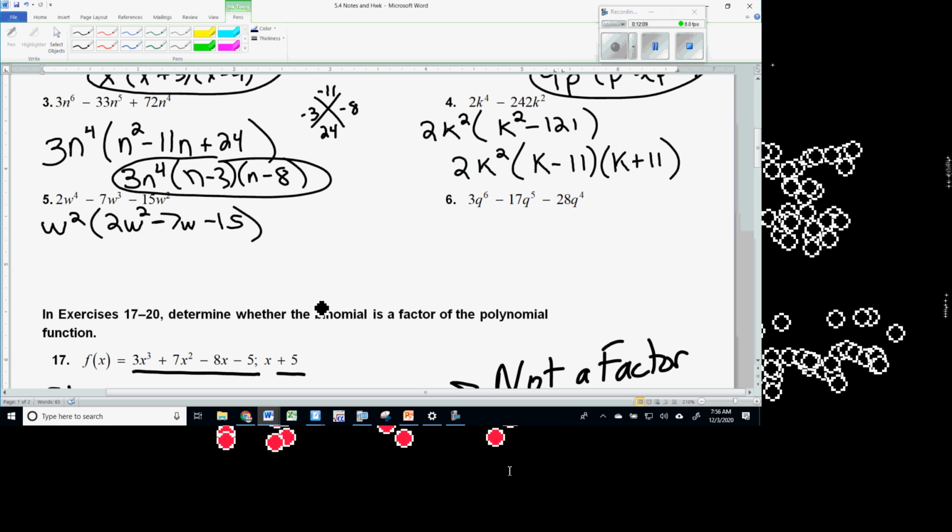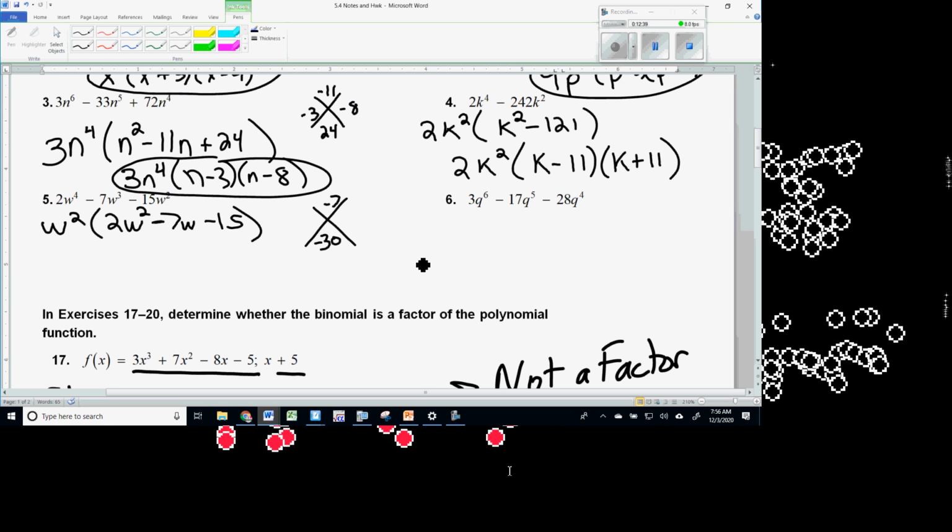So, do we remember how to factor something when there's a number in front of the square? So what do you do? You multiply those two together, right? So we want two numbers that multiply to give us negative 30 and add to give us negative 7.